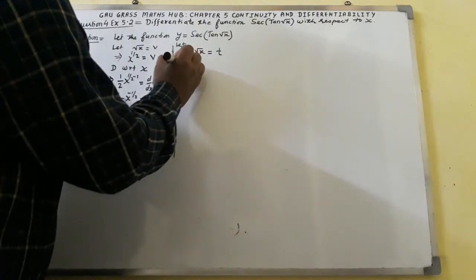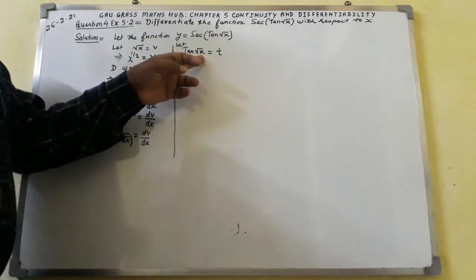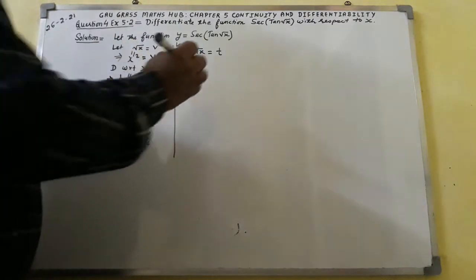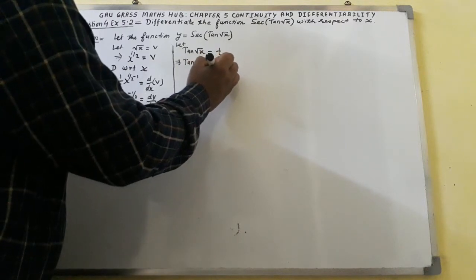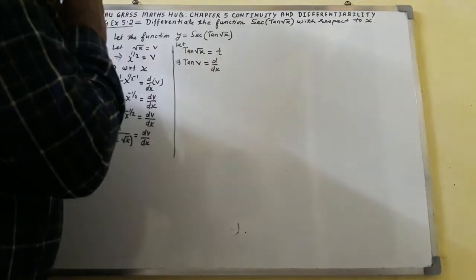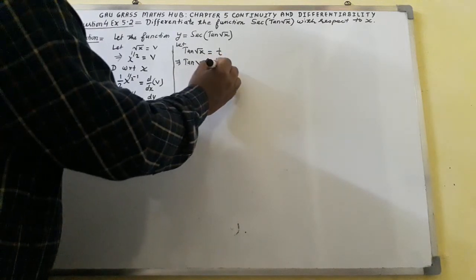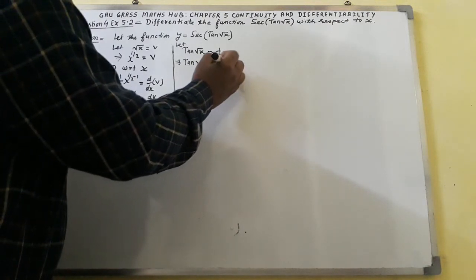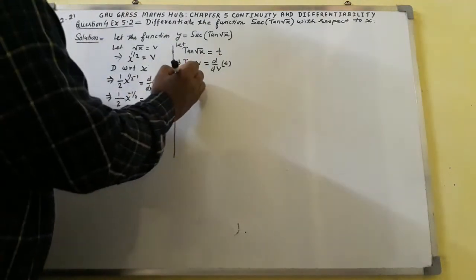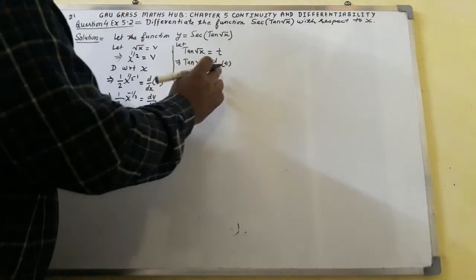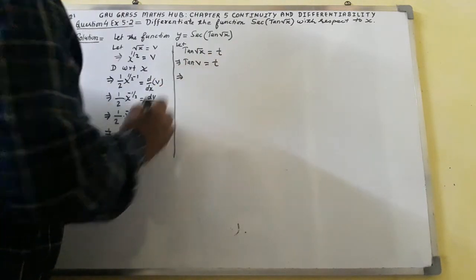Then I shall write, implies that tan, in place of √x I shall write v, equal to t. This thing will be written t.